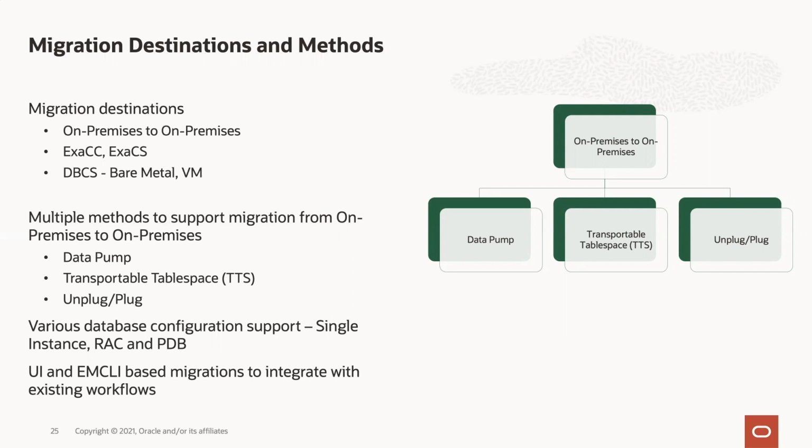There are 3 ways for you to do it: data pump, transportable tablespace, and if you're trying to migrate a PDB or a pluggable from a source database to a pluggable as a destination on a new hardware platform, you could use the unplug and plug capability to migrate those databases. Let's look at a couple of these methods in a little more detail.